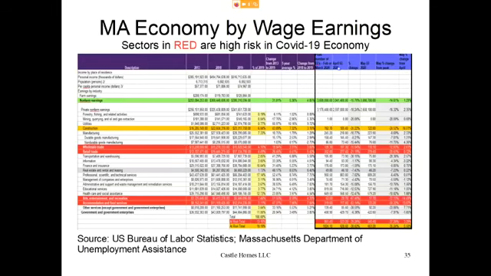So this is the change from peak to April. You see construction lost 35%, wholesale trade lost 15%, retail trade 21%, and these are the big ones.